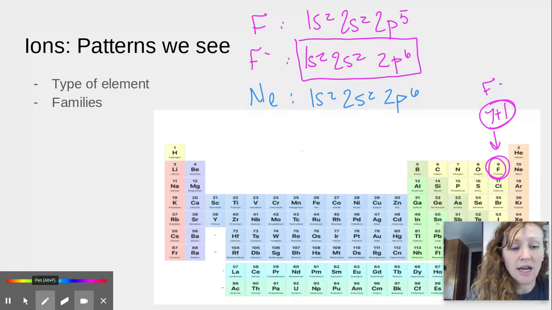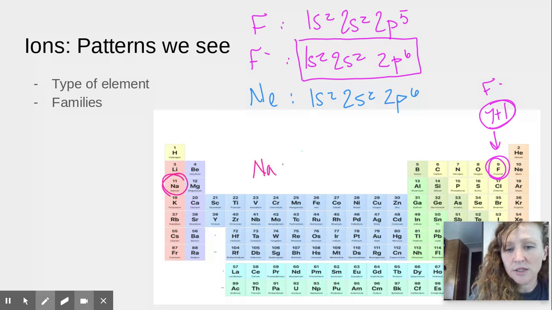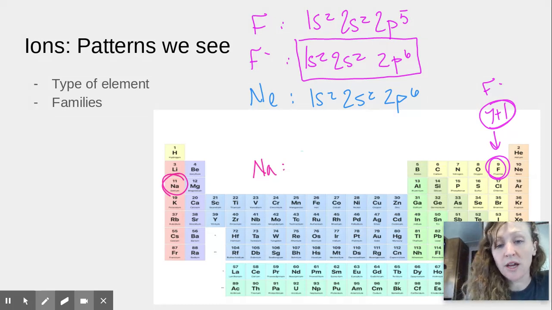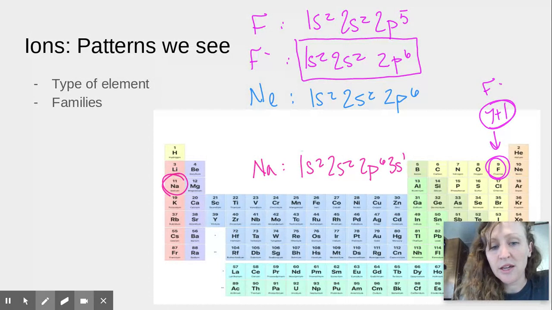We see this on the other side too. If we look at sodium, for example, the neutral atom of sodium would have an electron configuration of 1s2, 2s2, 2p6, 3s1. Now, sodium is really close to having that second energy level completely filled as long as it can get rid of its third energy level, right?